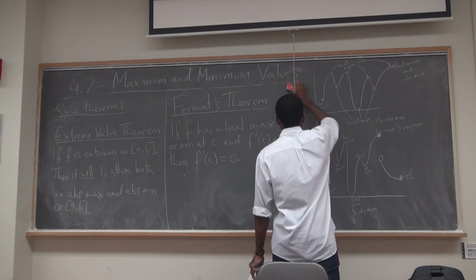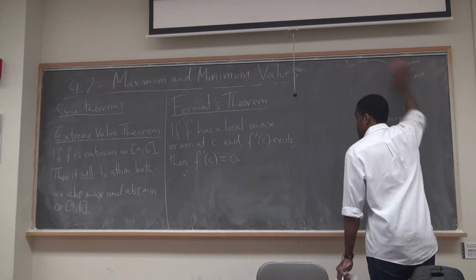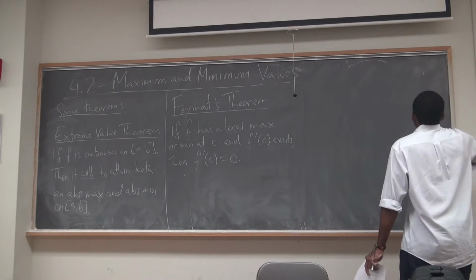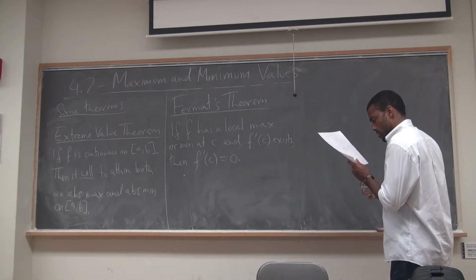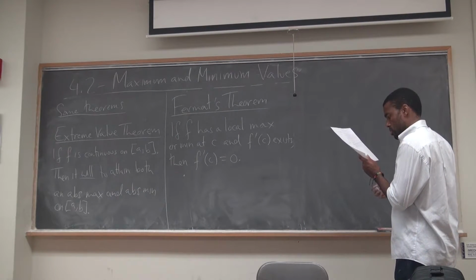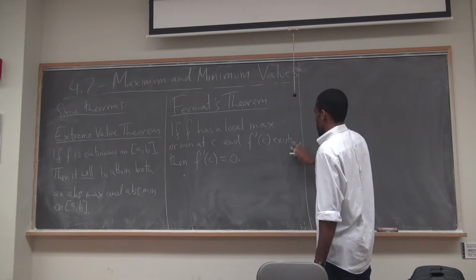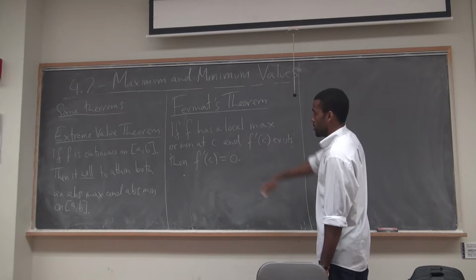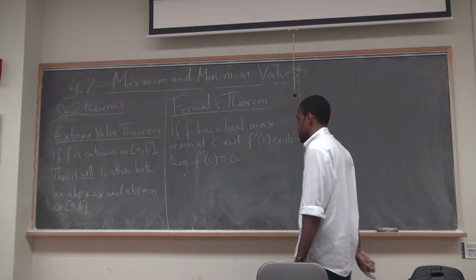So this is the theorem that says if you have a maximum or a minimum and your derivative exists there, and I also believe f has to be continuous. Right, so as long as you're at a point where you know beforehand there's a max or a min, and you can actually find a derivative, the derivative must be 0.